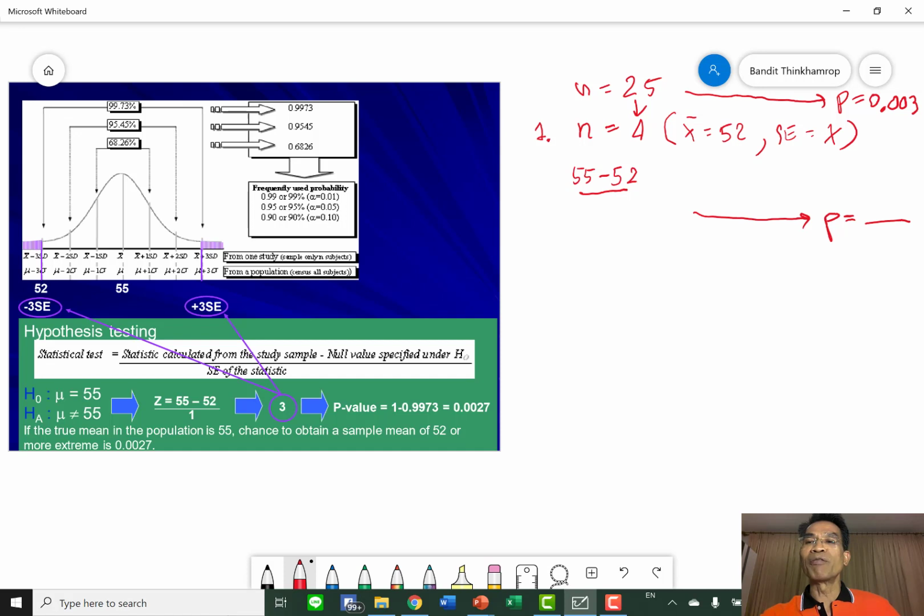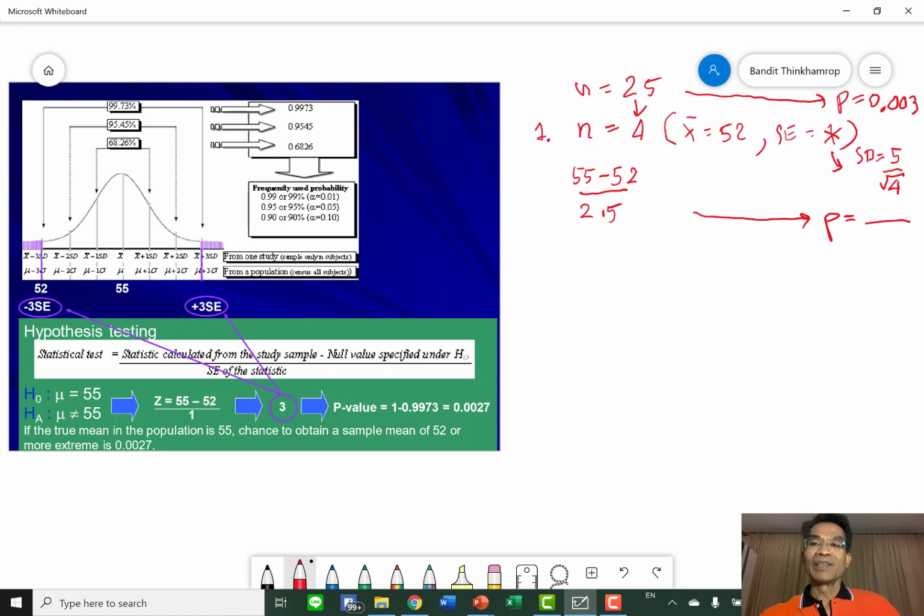We will calculate it by what? The SD still remains the same, right? SD equals 5, n equals 4, so it's 5 divided by square root of 4. So it's 2.5.